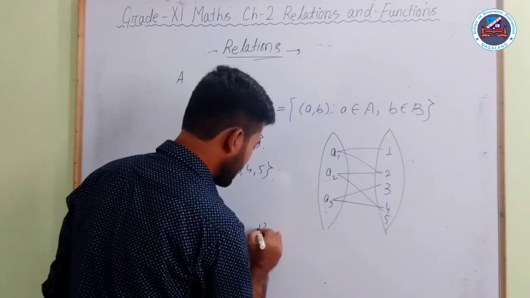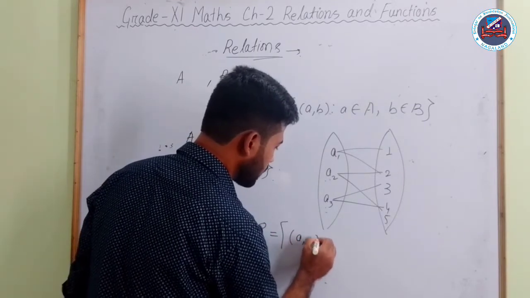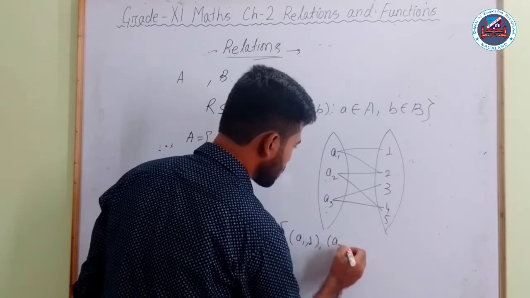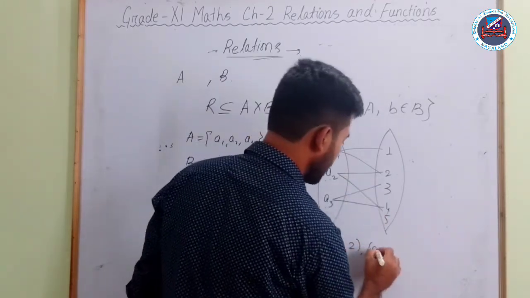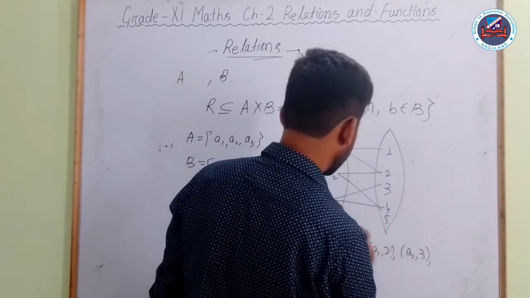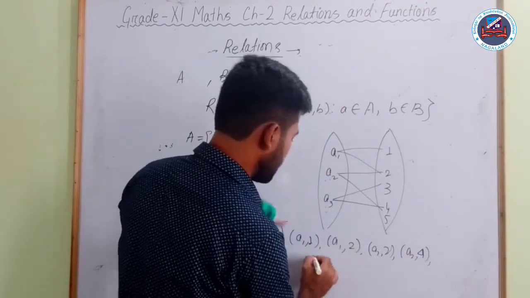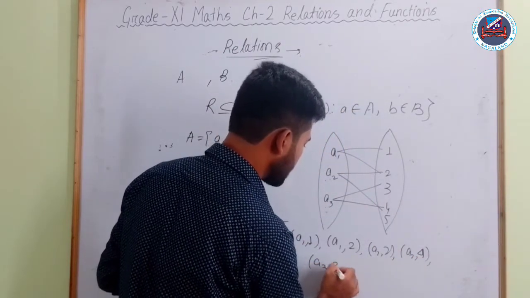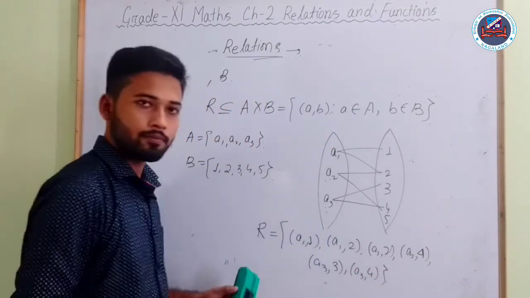If I write the relation like this, it will be (A1, 1), (A1, 2), then (A2, 2), (A2, 4), then (A3, 3) and (A3, 4).